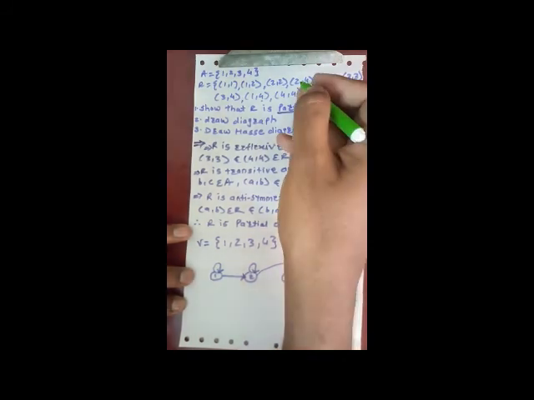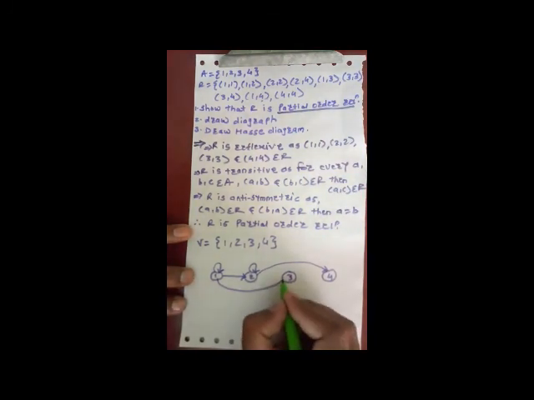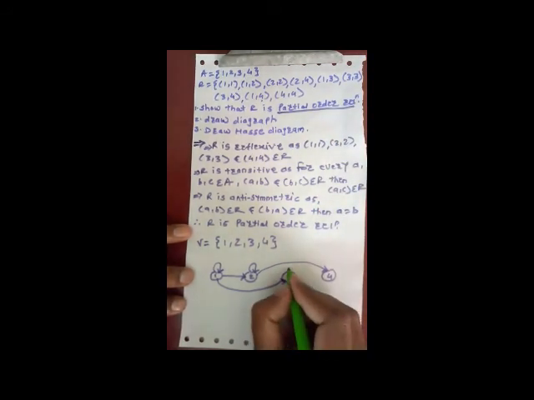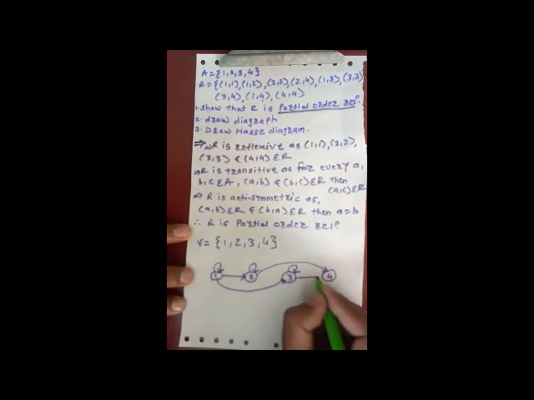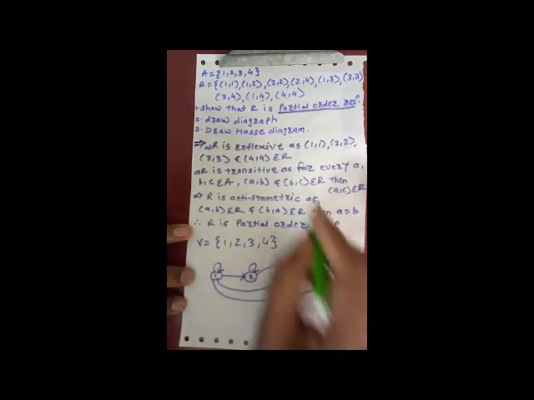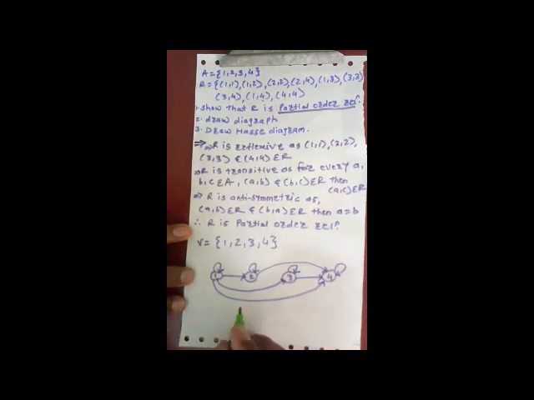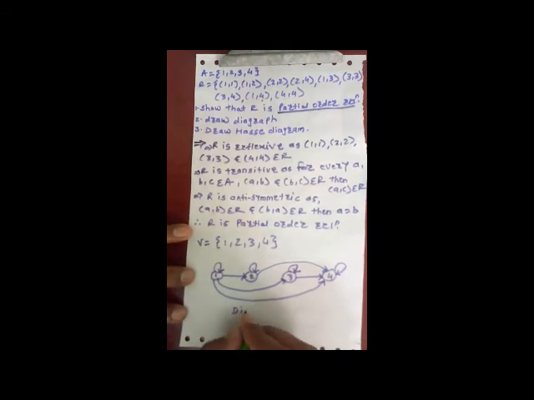Then 1 comma 3, this one. Then 3 comma 3 self loop, then 3 comma 4, this one. Then 1 comma 4, this one, and 4 comma 4, that is a self loop. So this is our diagram.